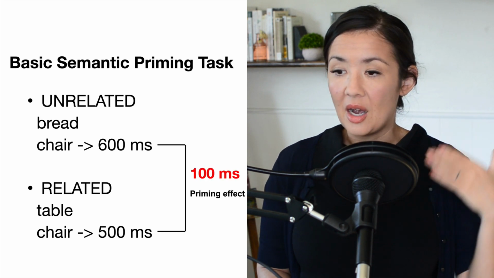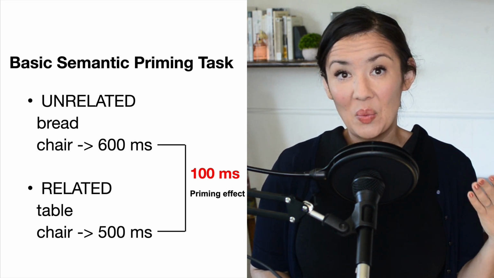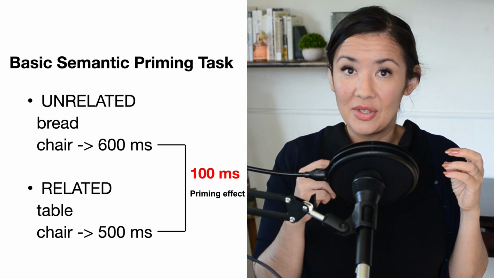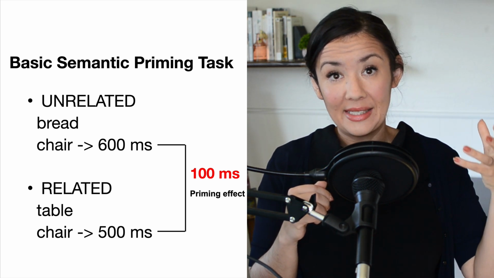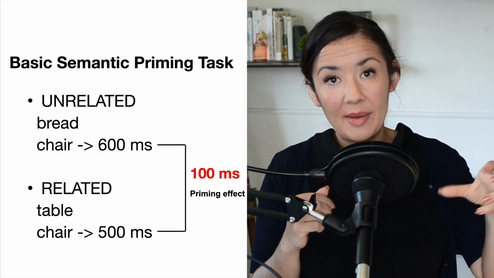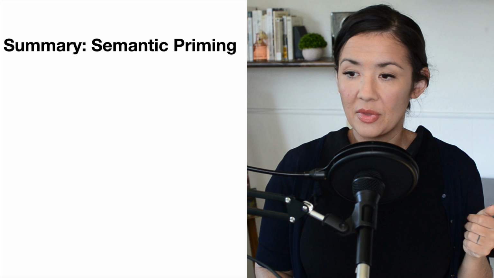And this 100 millisecond difference is the priming effect, where we can very carefully measure the advantage that someone has in processing speed when they have been primed by information that is more related to the next information that we show them.